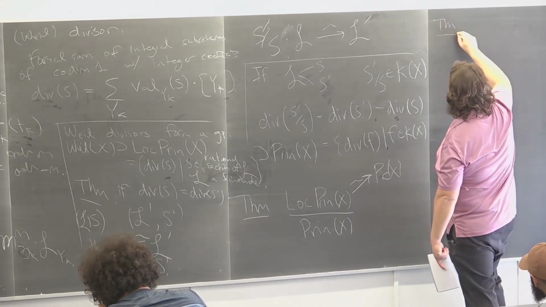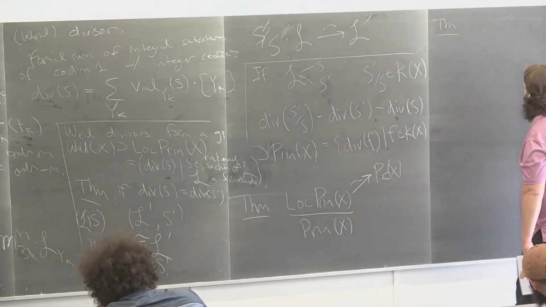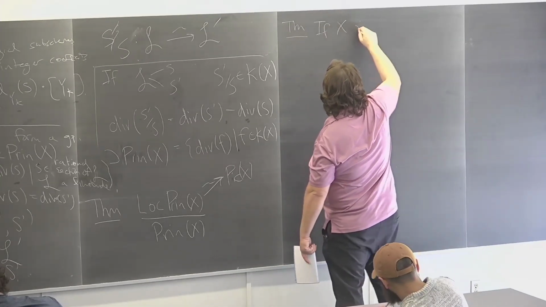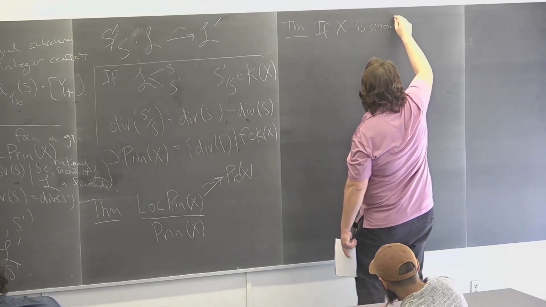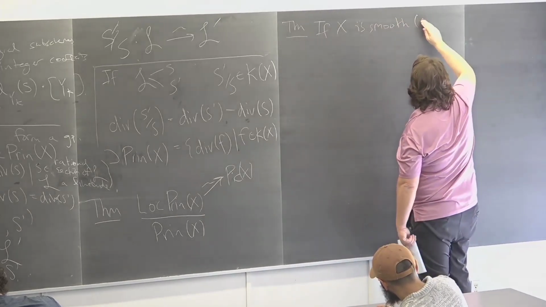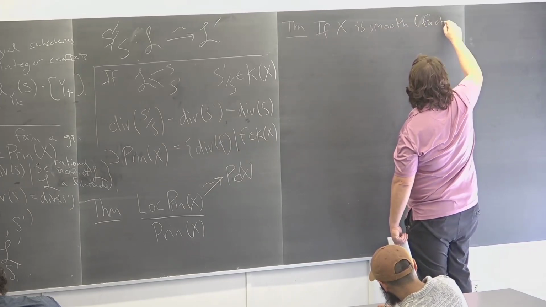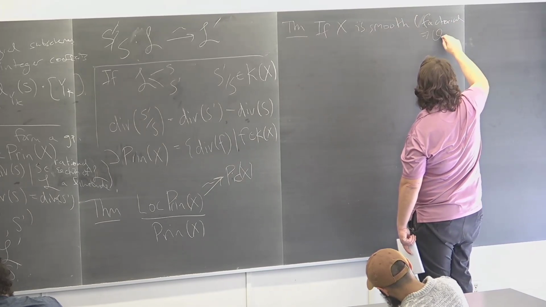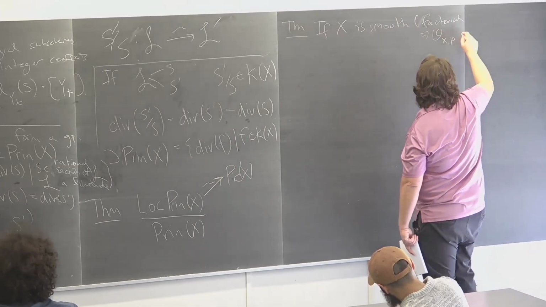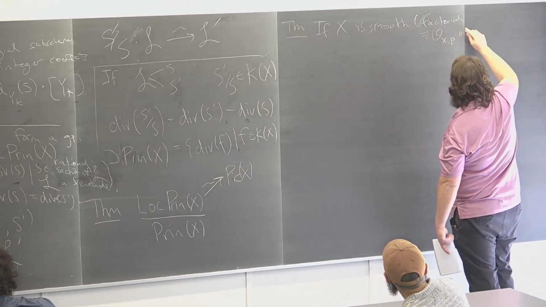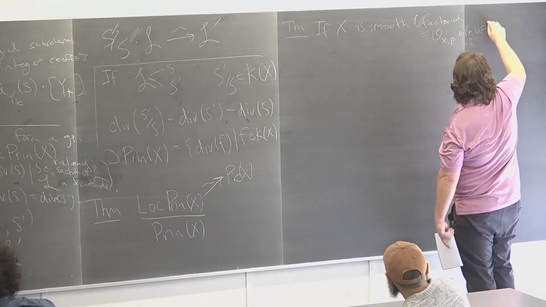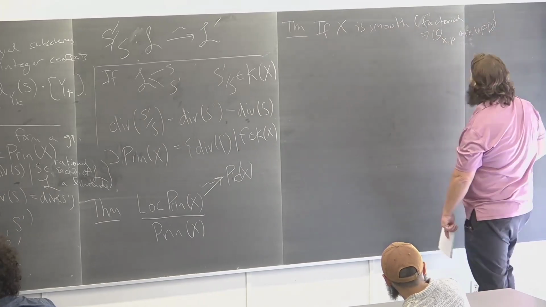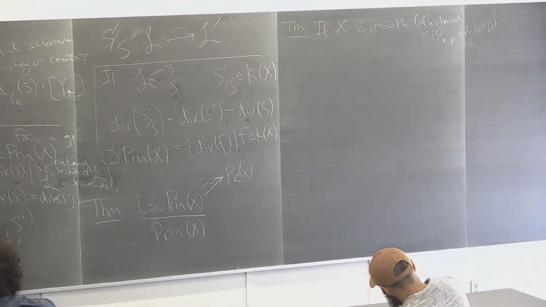And maybe one more. If X is smooth, or more generally, factorial. Factorial is almost by definition: it says that these local rings are UFDs. In a UFD, every codimension one irreducible subscheme is principal.